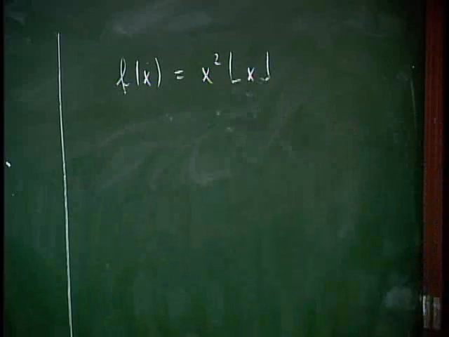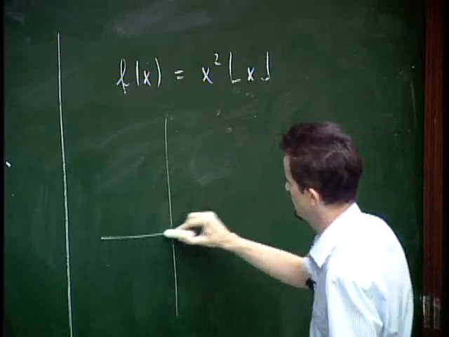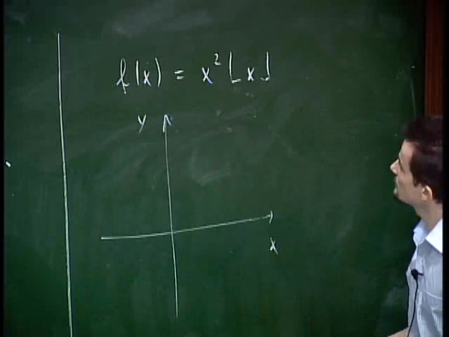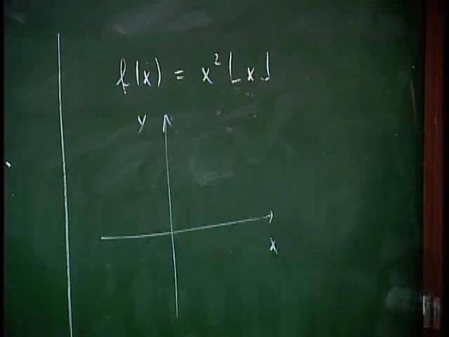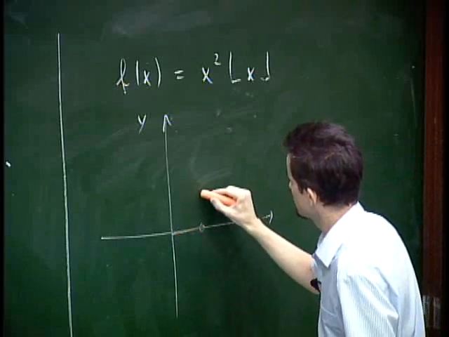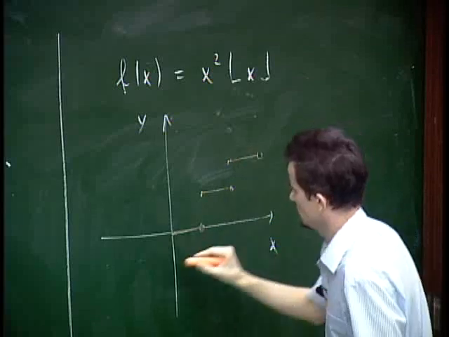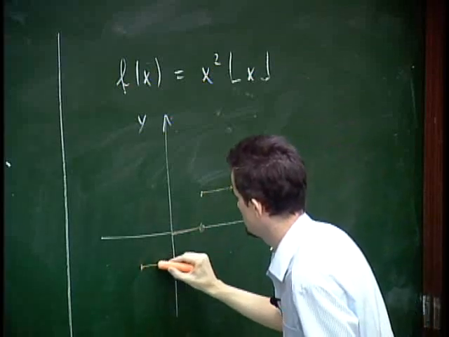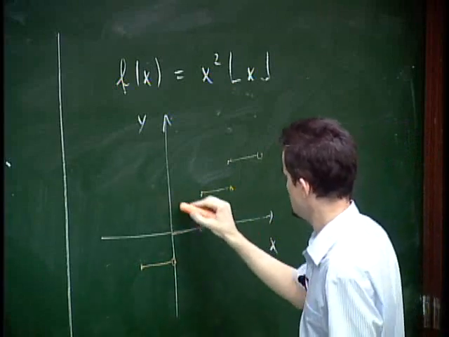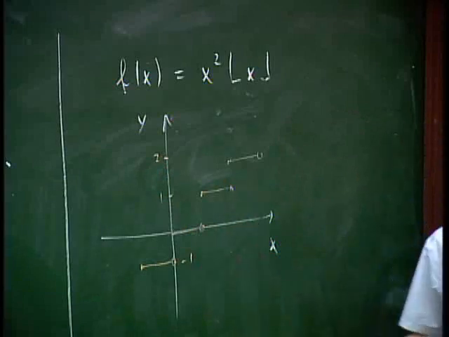Now, if you plot the graph of the floor, you have something like this. Then the function jumps, then the function jumps again. So this here should be 1, this should be 2, this should be -1, and so on.